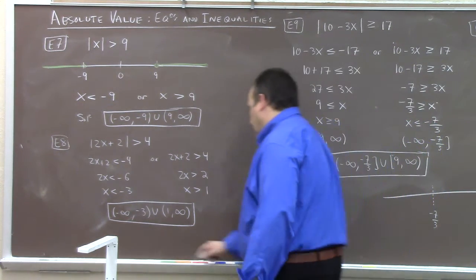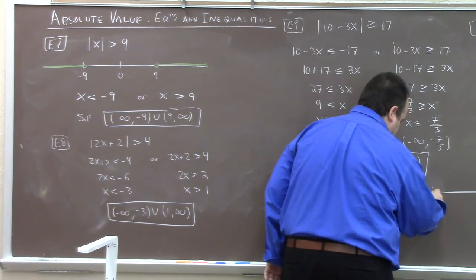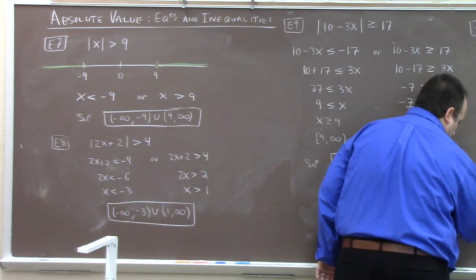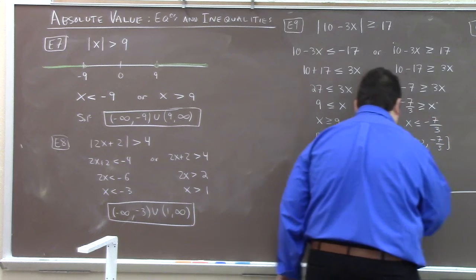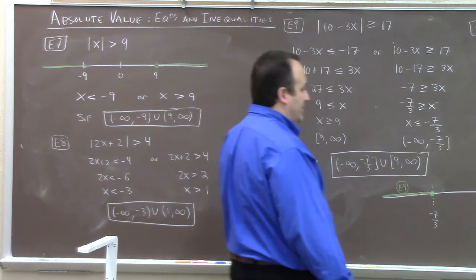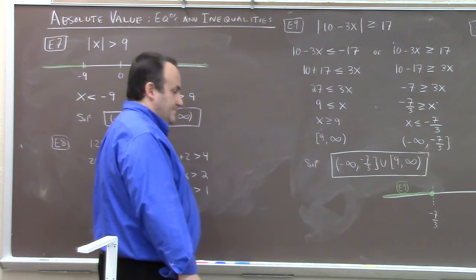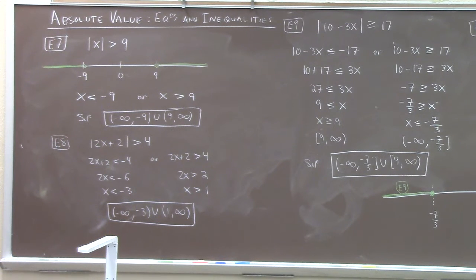So first of all, the answers to example 9 are like this, right? Where's the answer to example 10? If we picture it on the number line, where is it?